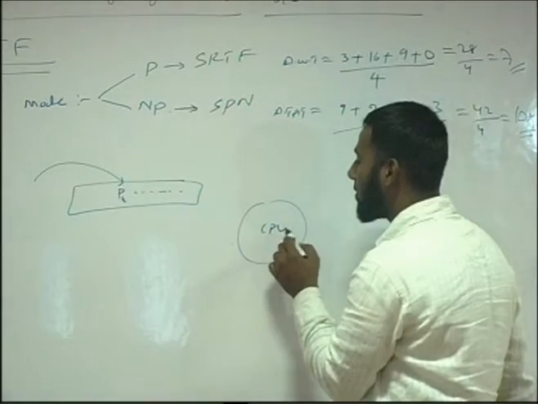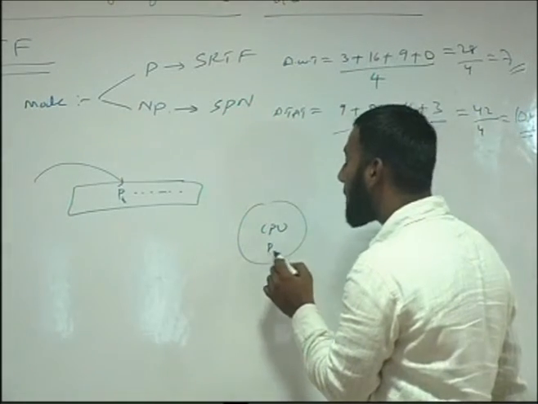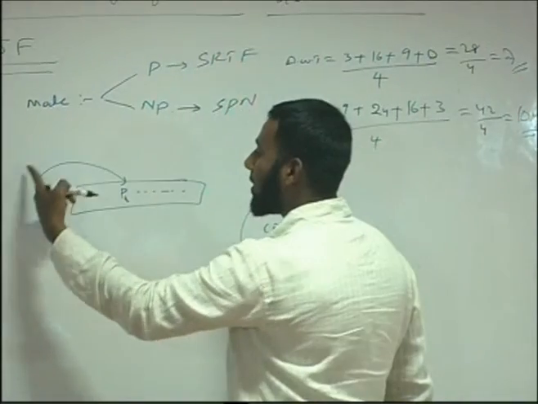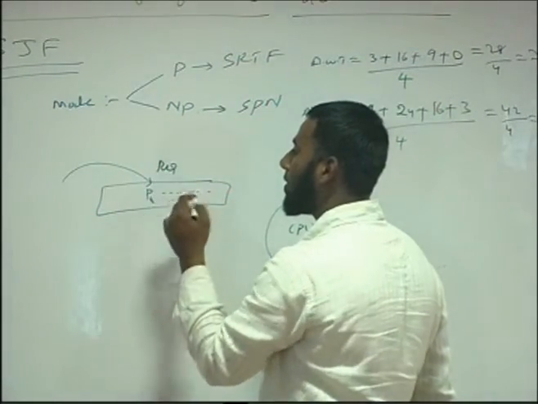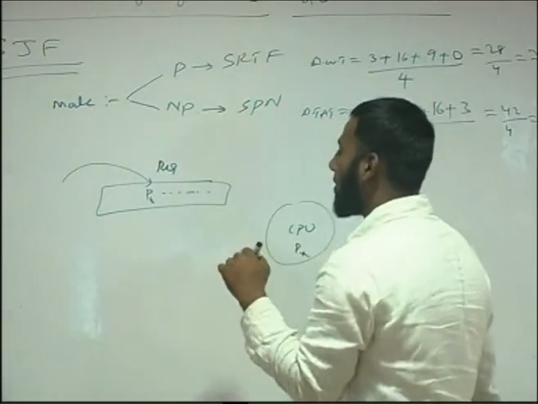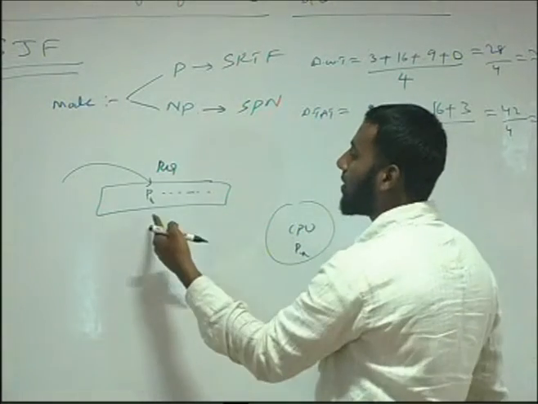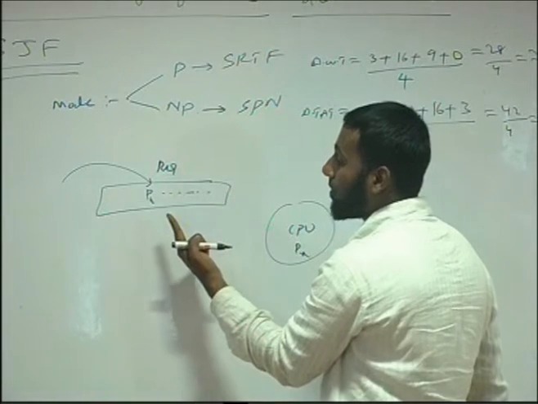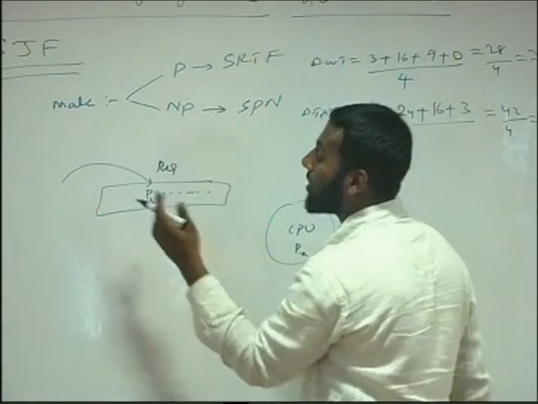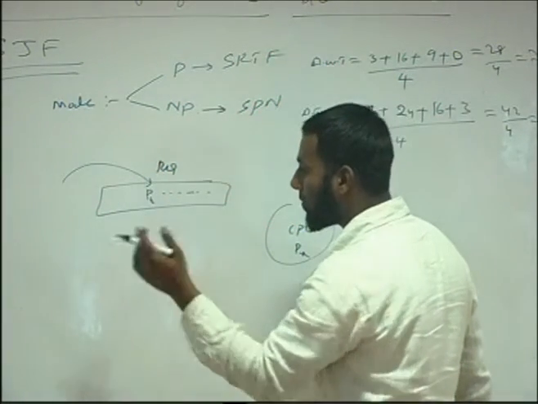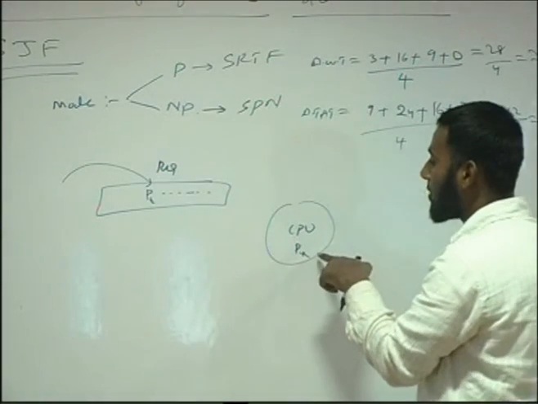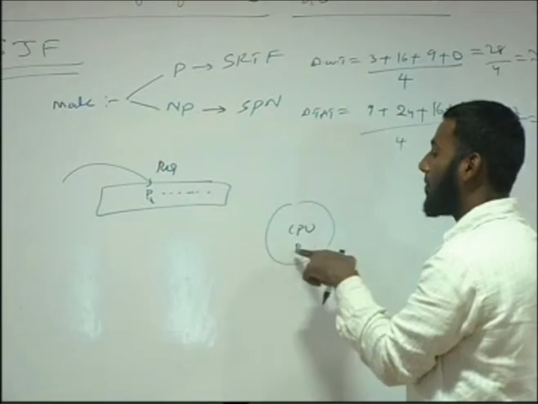Suppose there is a CPU and there is one process called Px running on this CPU, and when a new process is added into the ready queue, this algorithm will again sort all these processes with their shortest remaining time, how much time they need to complete their execution, including the current process which is running, possibly preempting it.